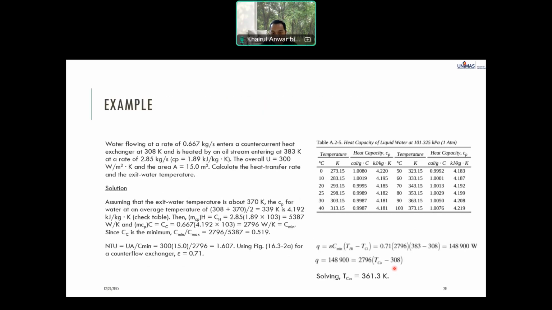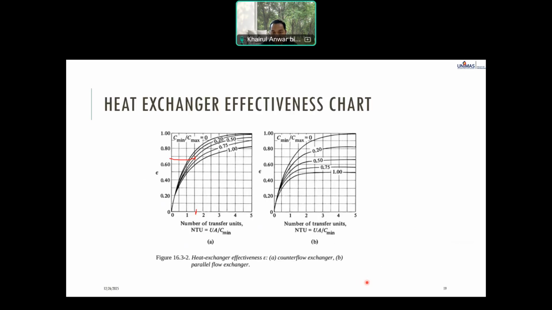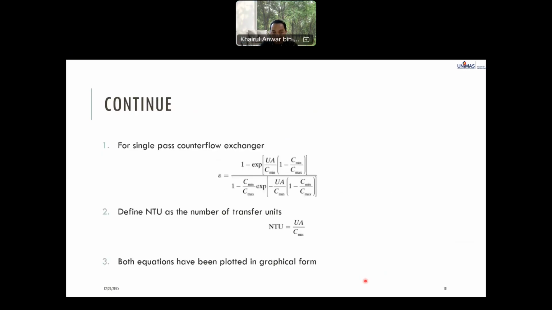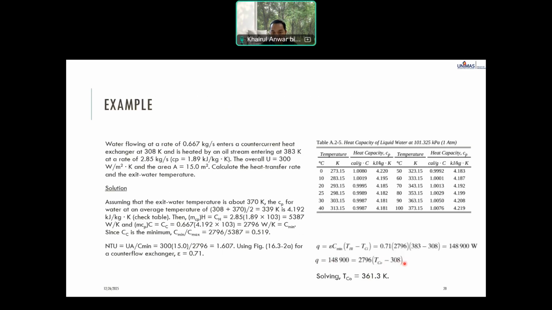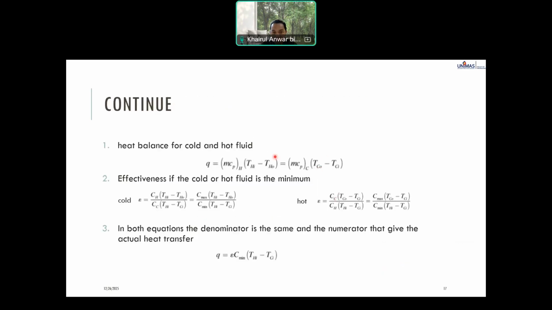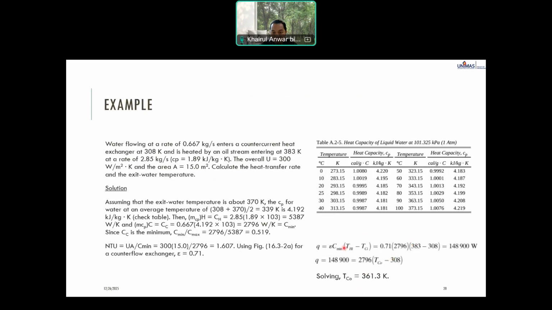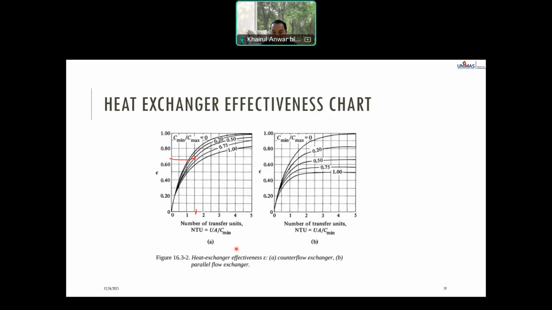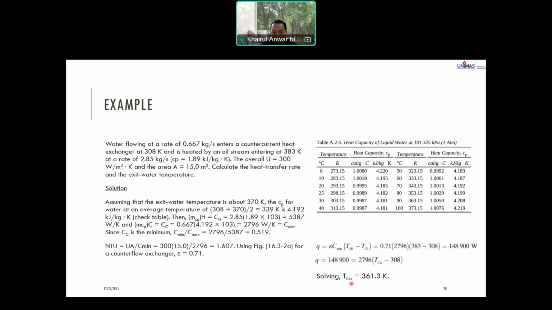Something for PCO. So for this value, they are referring to this equation, which is based on the Q. So the exit temperature is 361.3 Kelvin.